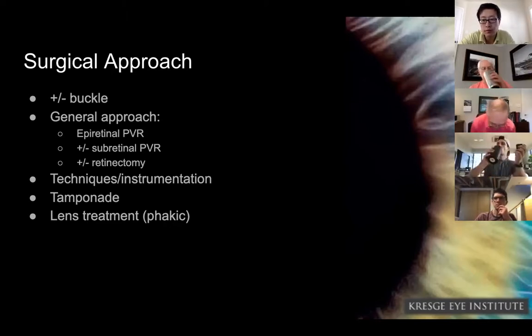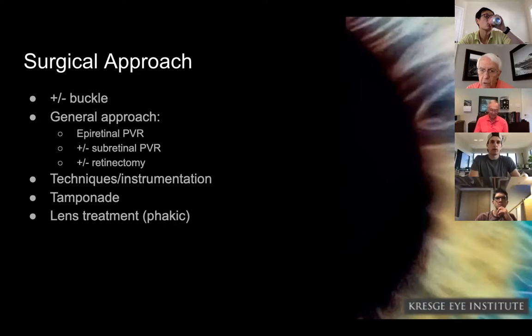Yes, I would use a bigger one than that myself. Oh, okay. I used to do that. That used to be a 287 or a 5x7 sponge for PVR, my go-to.